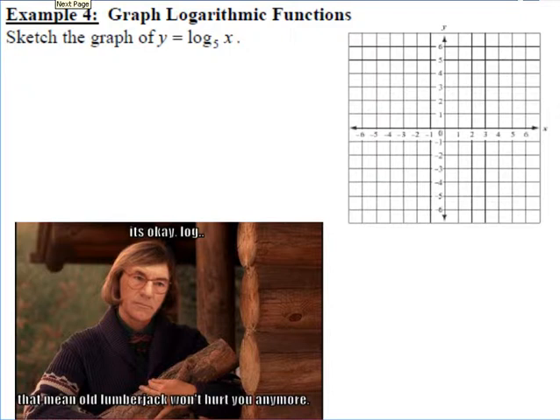So the numbers you do want to put in, though, that's a Captain Picard. It's Captain Picard from Star Trek. It's okay.